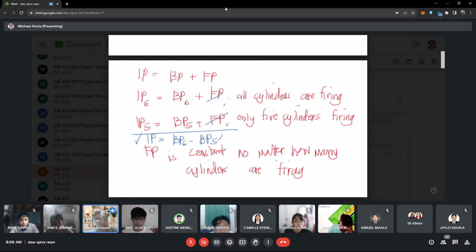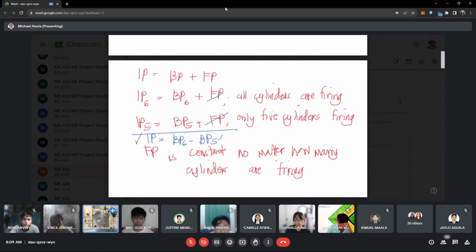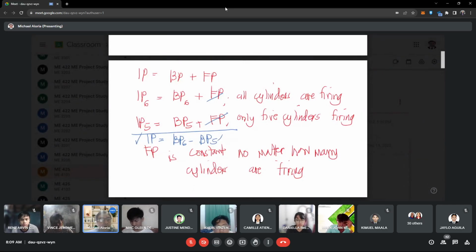If we are going to consider the six cylinders are firing, so still we have this friction power. Kapag five cylinders lamang yung firing, the same friction power can be measured. Okay? So meaning, this is your IP for five cylinders, which is equal to your brake power for five cylinders plus your friction power.